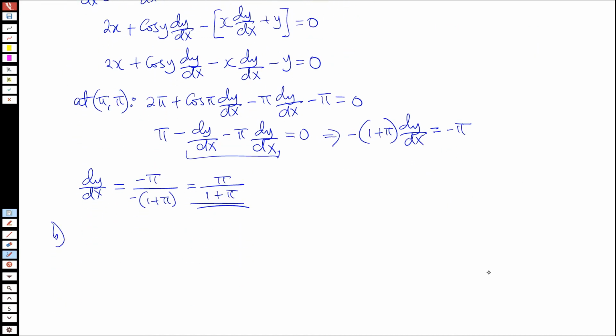So the acute angle θ between two lines whose gradients are m1 and m2 is given by tan of m1 minus m2 over 1 plus m1 multiplied by m2. So basically, the acute angle θ between two lines.